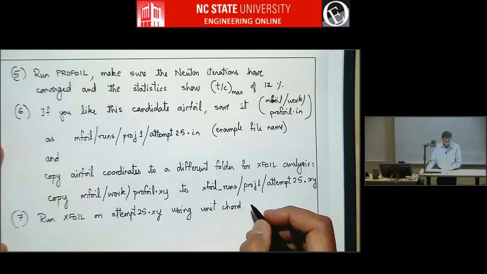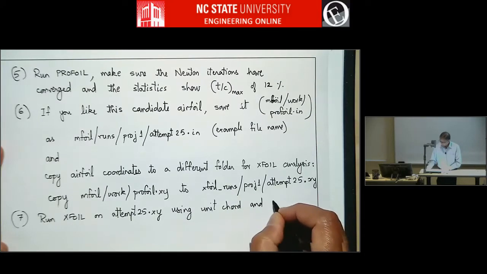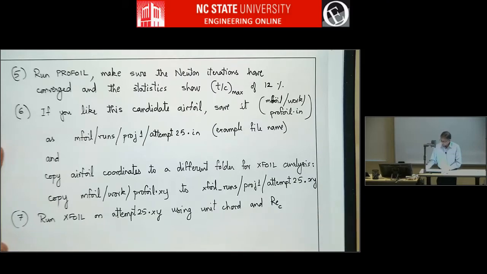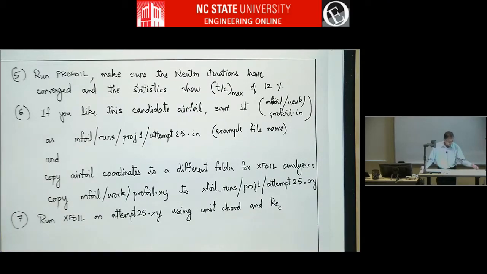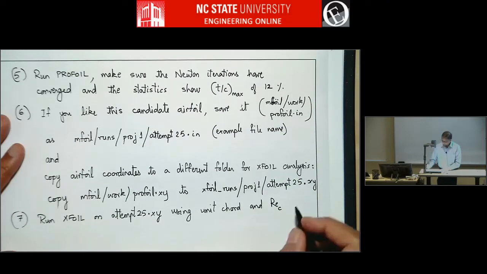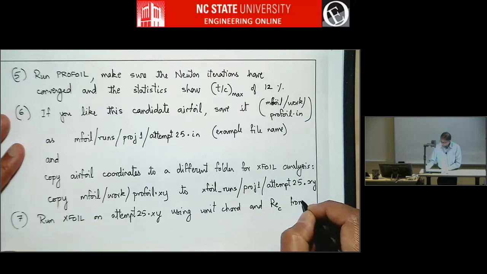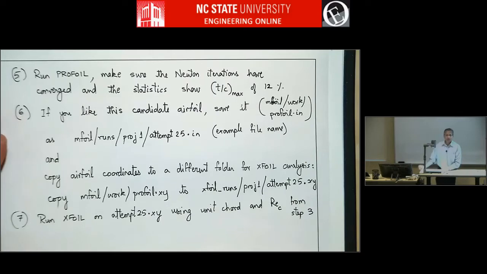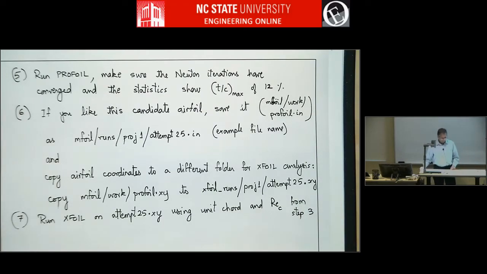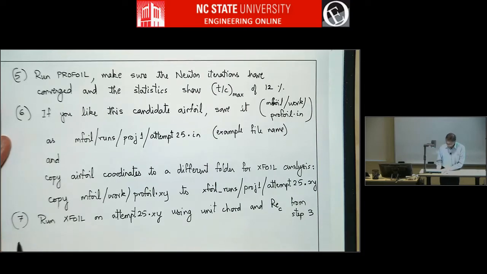Automatically it will be unit card and the Reynolds number from what we got in step number 3. So in the previous page we calculated Reynolds number. And once you do that, you can get D prime, which is drag per unit span.